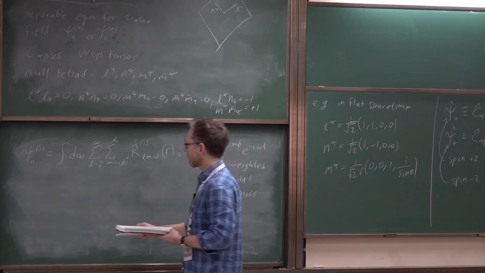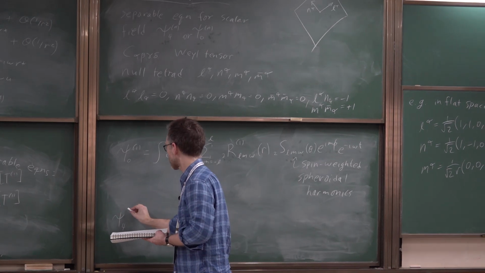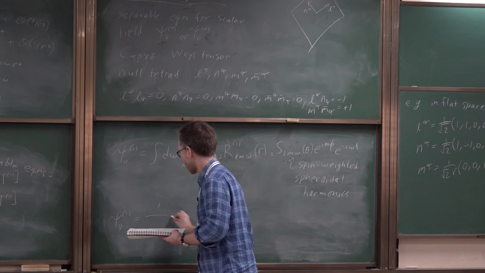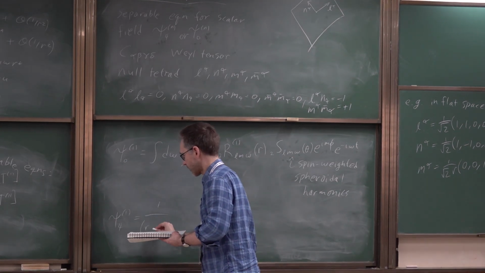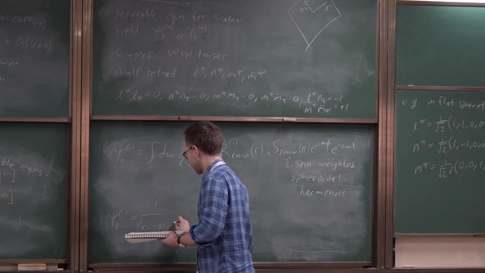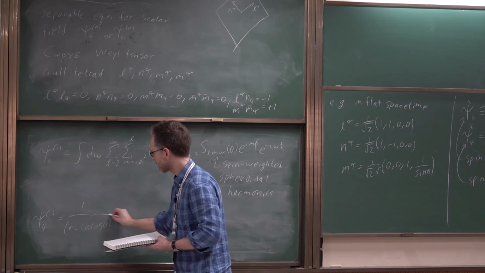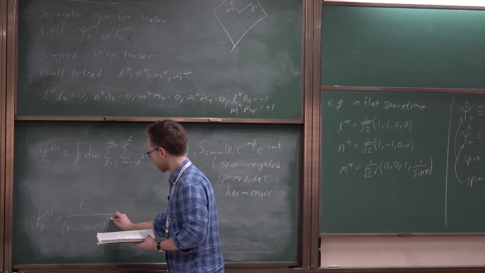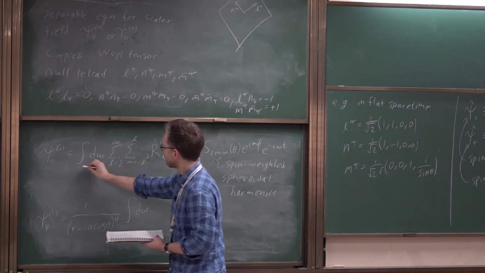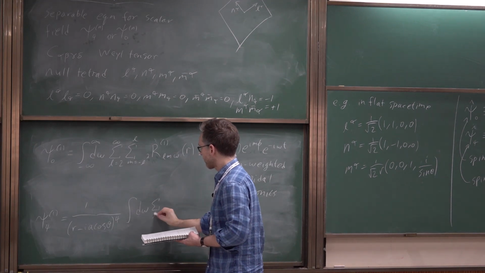Same thing for psi 4, except that to separate the Teukolsky equation in Kerr, you need to introduce an overall factor in your decomposition. It's 1 over (r minus i a cos theta) to the power of 4, where a is the spin parameter of the Kerr black hole, and then everything else is the same. d omega, with some limits on this integral. Sum over l and m.